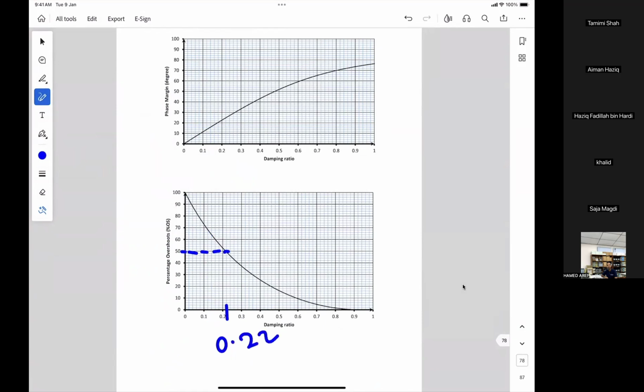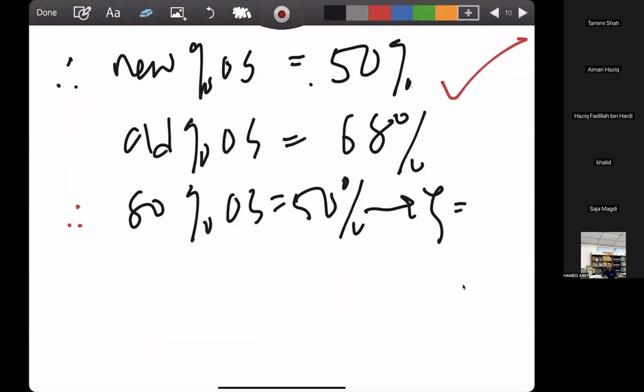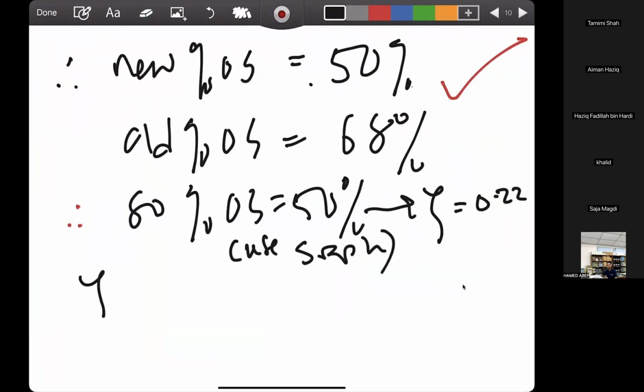0.22. Right? Yes, 0.22. And 0.22 will give you the new phase margin. How much? Check. Got it? 21 or something.